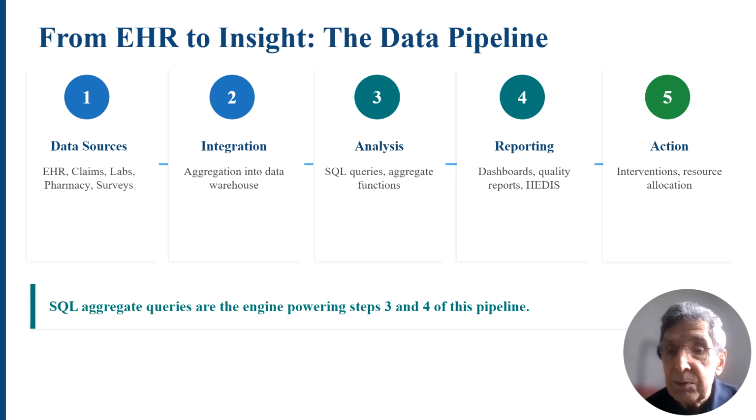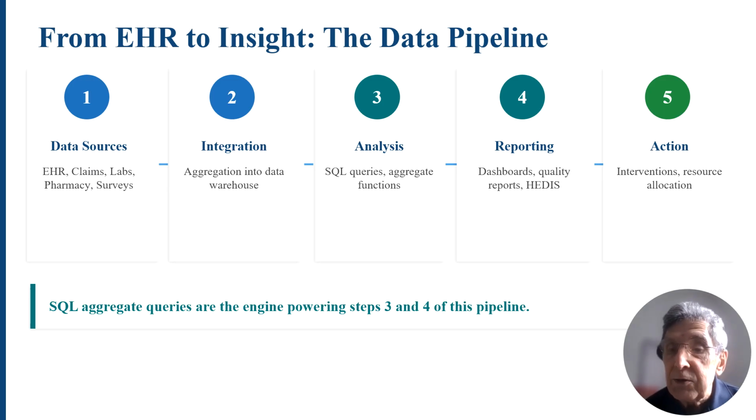Then there are claim systems from billing and insurance data. There's laboratory information systems for lab results, pharmacy systems for medications, and sometimes there are even some patient surveys for experience data reporting.